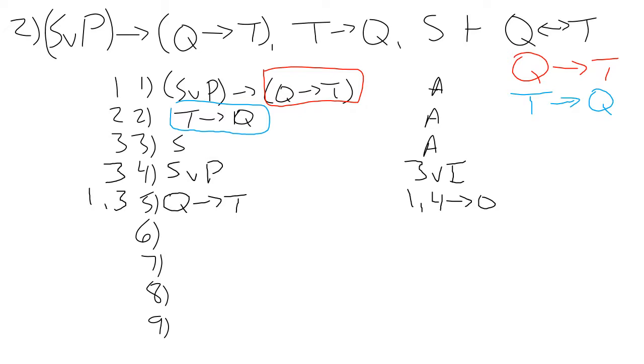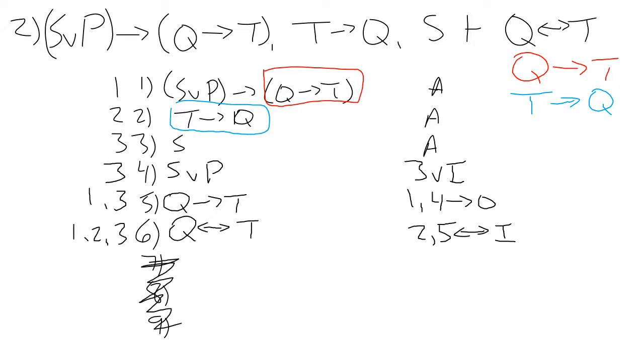Now we got both of our conditional statements, so we can double arrow in. Very easy. They will get more difficult as we go. Here we need to cite 2, 5, double arrow in, 2 and 5's, 1, 2, and 3. Scratch those out. So that's the second one.